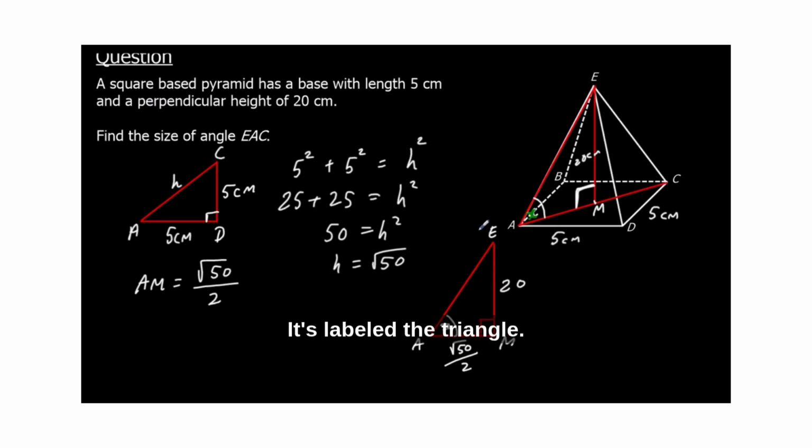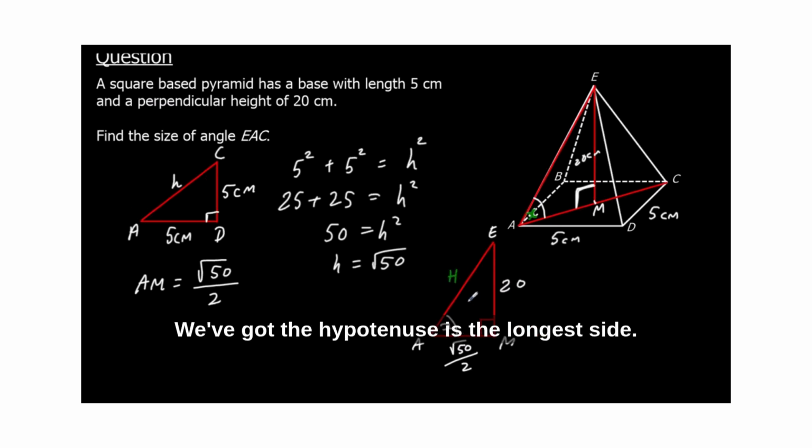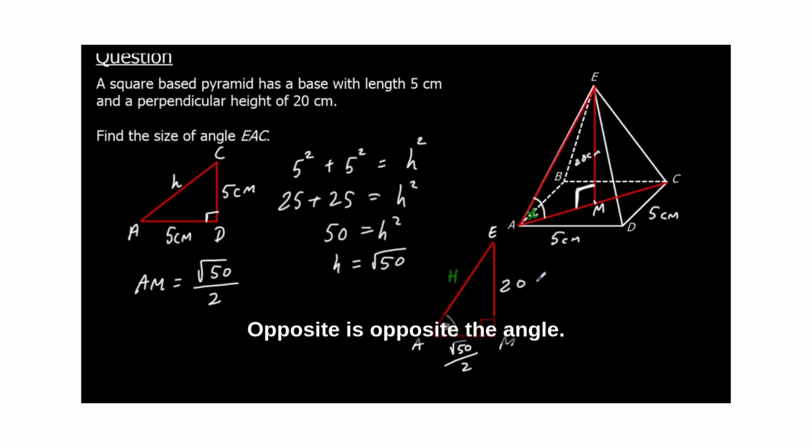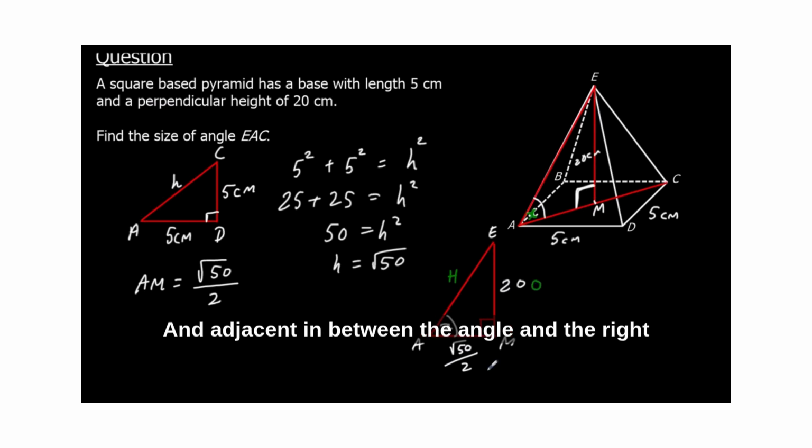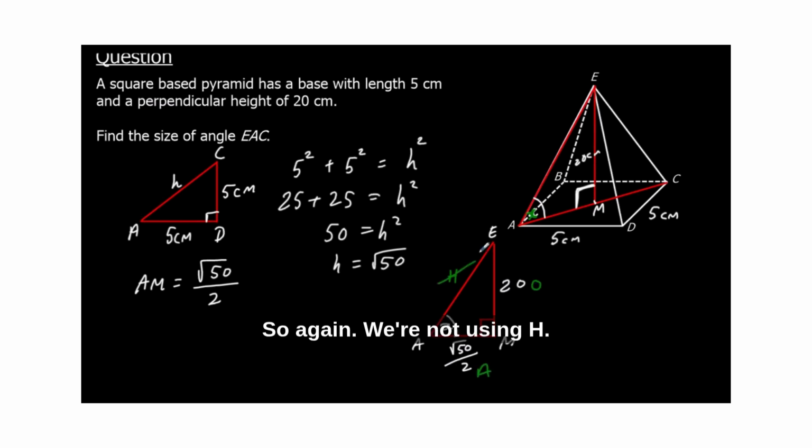Just label the triangle. The hypotenuse is the longest side, opposite is opposite the angle, and adjacent is in between the angle and the right angle. So again, we're not using H. It's tan, so tan of the angle equals O over A.